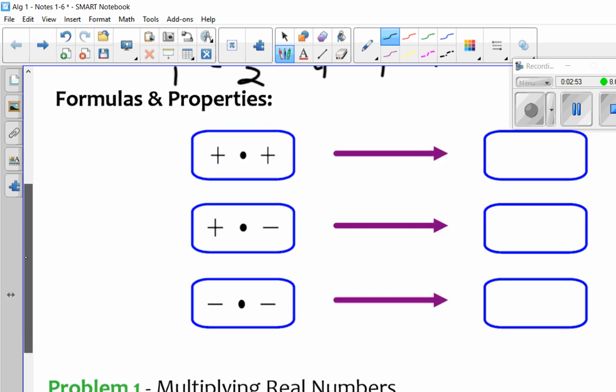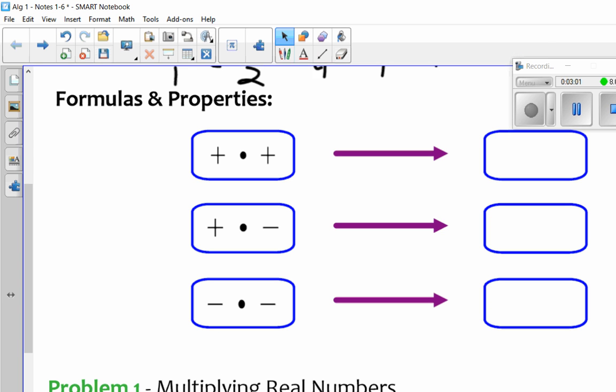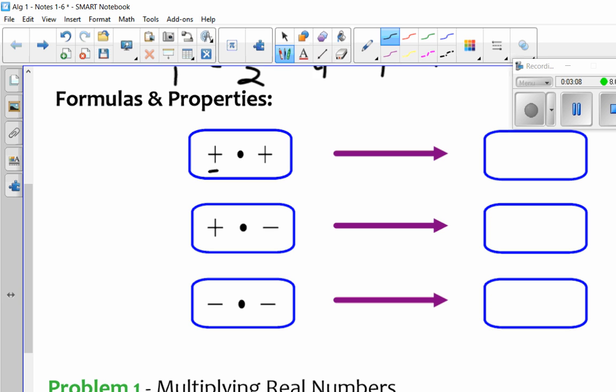Next thing we're going to talk about is multiplying directed numbers. Some basic rules that I think we all know, I just want to solidify our understanding of this. This is saying a positive number times another positive number. That dot really is signifying multiplication. When I multiply 2 positive numbers, my answer is always going to be positive.